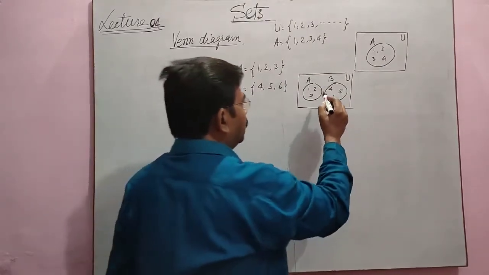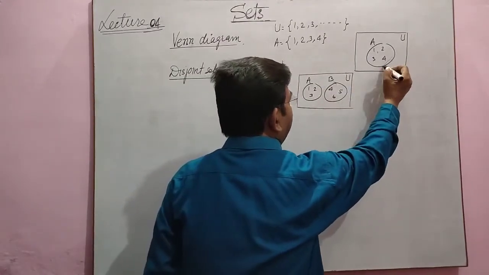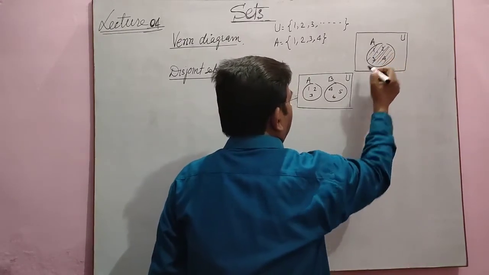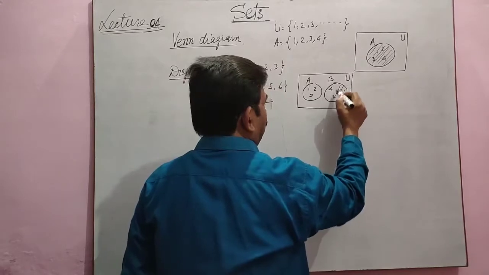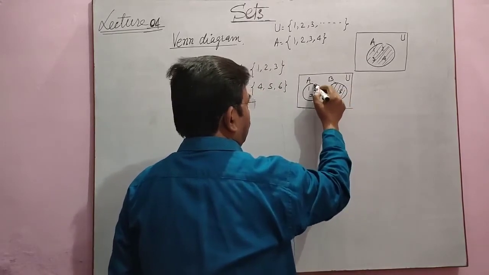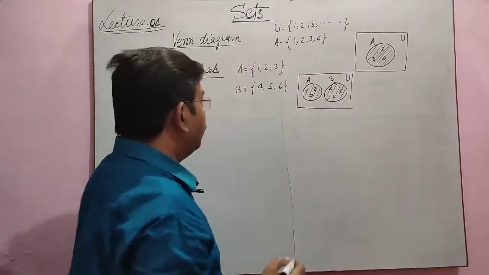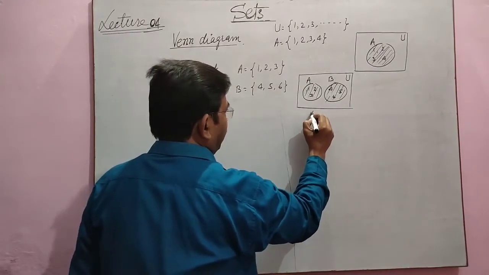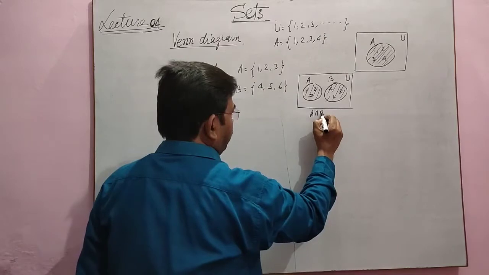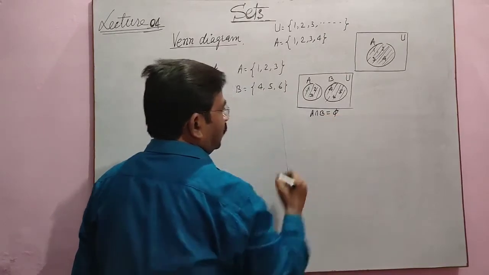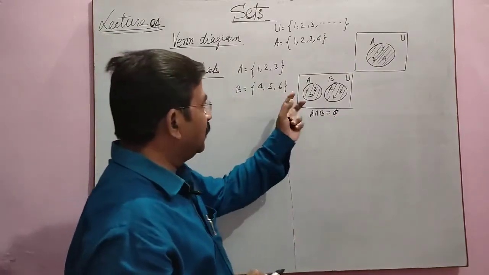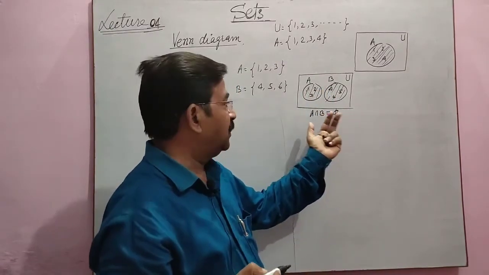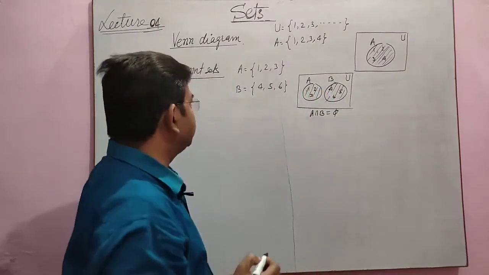And to show this, we shade the portion which is asked. This one is disjoint sets. In case of disjoint sets, A intersection B is equal to what? Phi. Means nothing is common between them. Phi means empty set.